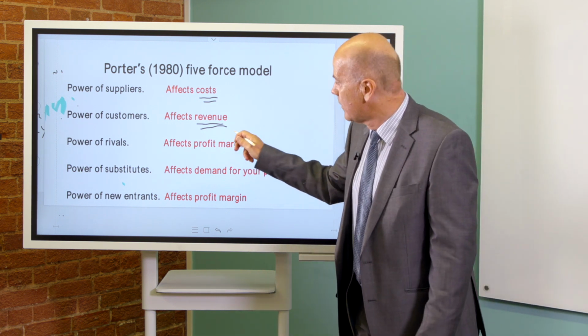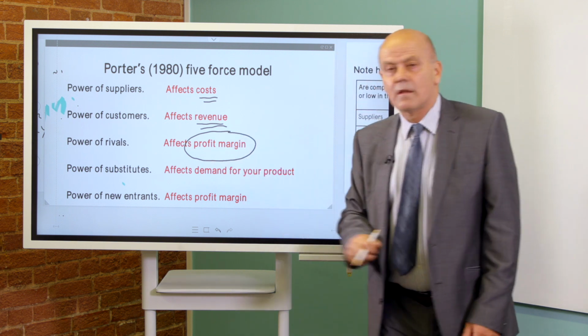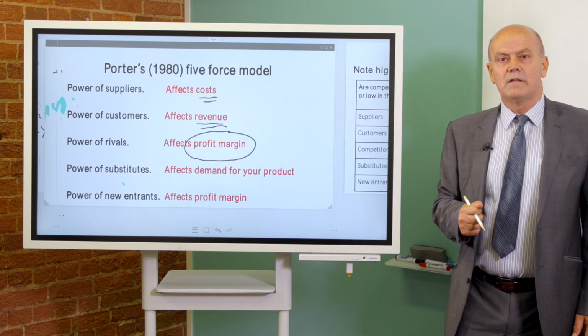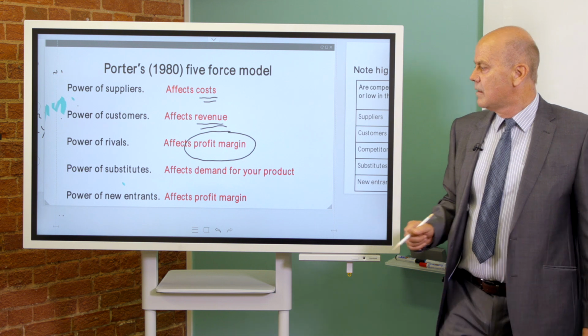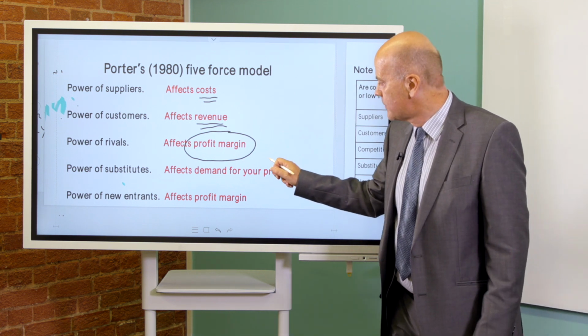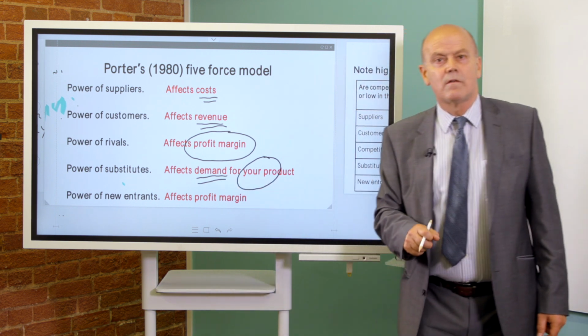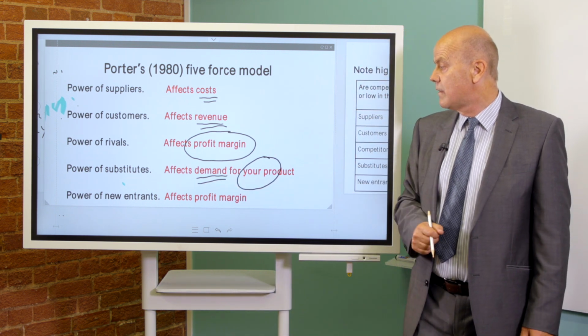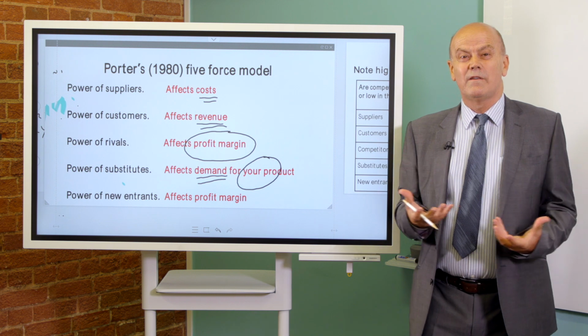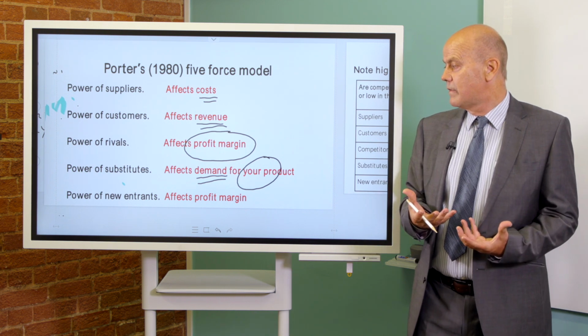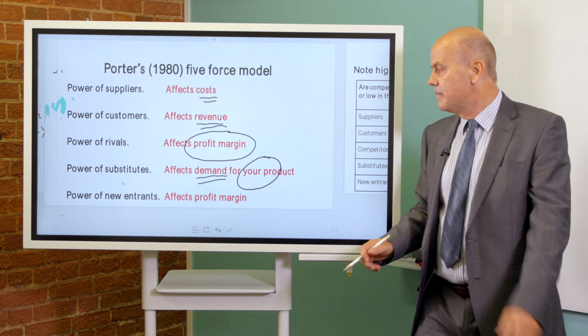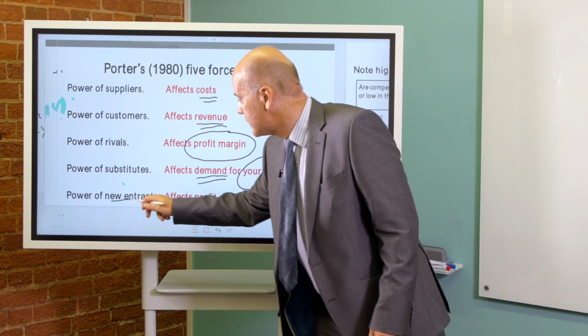And then we may have a lot of rivals. And that means our profit margin is probably very low. We may have a lot of substitutes. And that means the demand for our product is very low. And therefore, again, it affects our profits. And then finally, we have the new entrants.